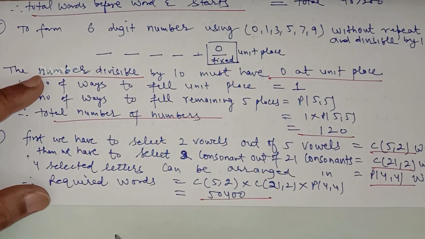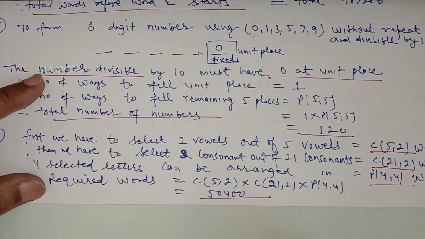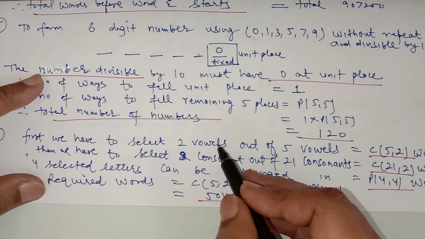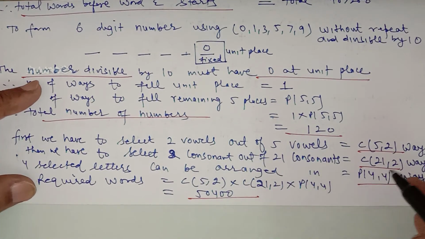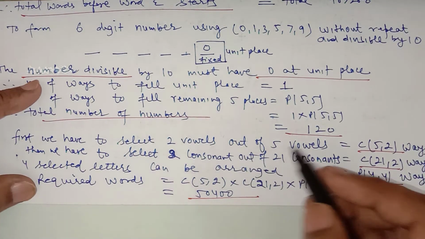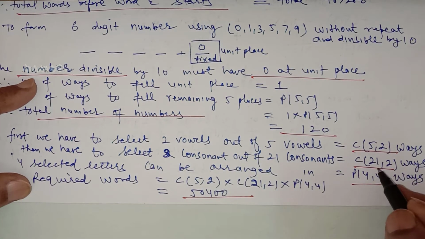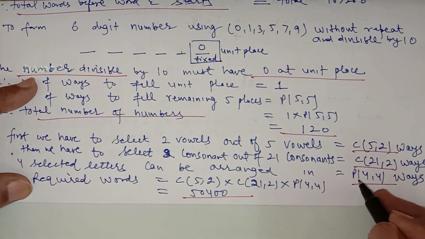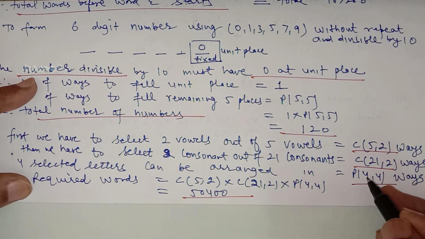Question number 6 also contains permutation and combination. You have to make a 4-letter word containing 2 vowels and 2 consonants. So it means we have 5 vowels and 21 consonants. First of all, select 2 vowels out of 5, then select 2 consonants out of 21. Now you have selected 4 alphabets and you have to make a word of them, so you have to arrange them, permutation of 4, 4.